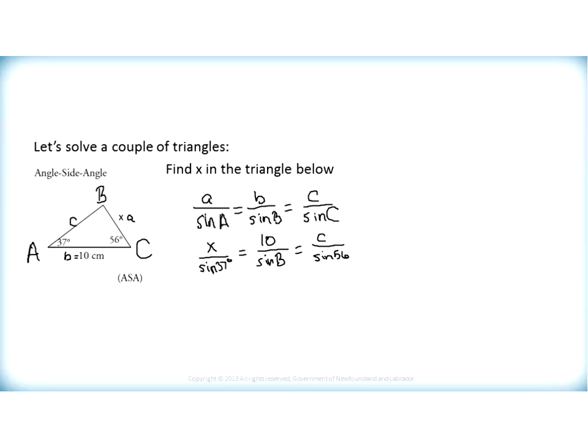However, one thing we have to recall is that in any triangle, the sum of the angles in any triangle is equal to 180 degrees. So I can find angle B because I know angle A and angle C. To find angle B, I'm going to have to subtract from 180 degrees the two other known angles.